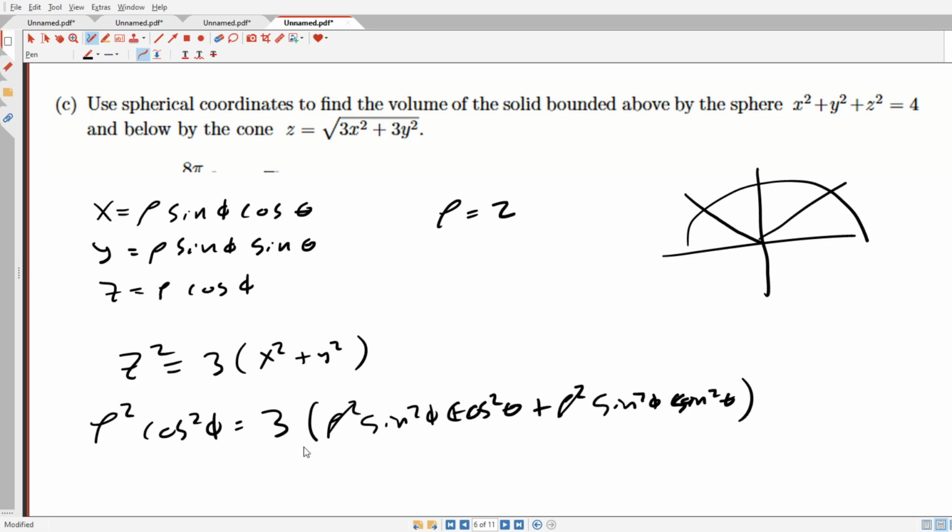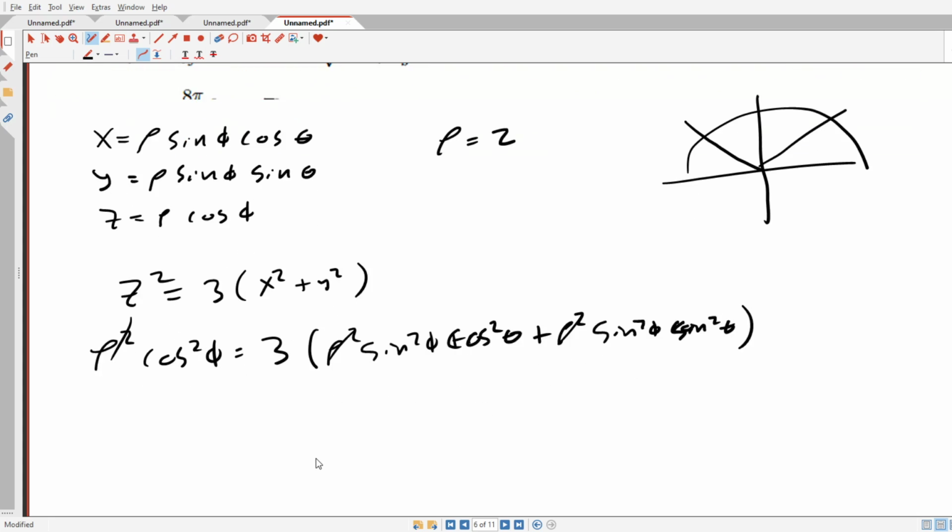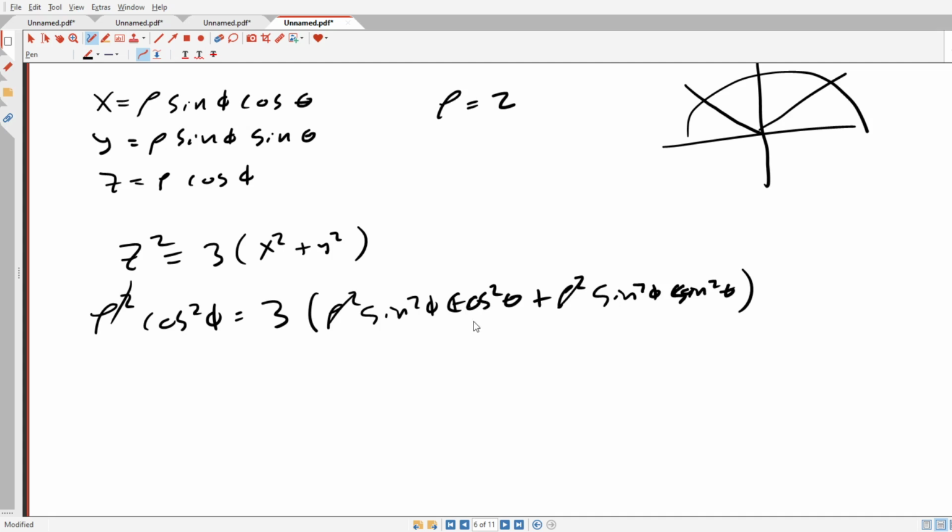Okay, cancel out the rhos everywhere. Factor out the sine squared phi, and I have cosine squared theta plus sine squared theta. So I have cosine squared phi equals 3 sine squared phi.